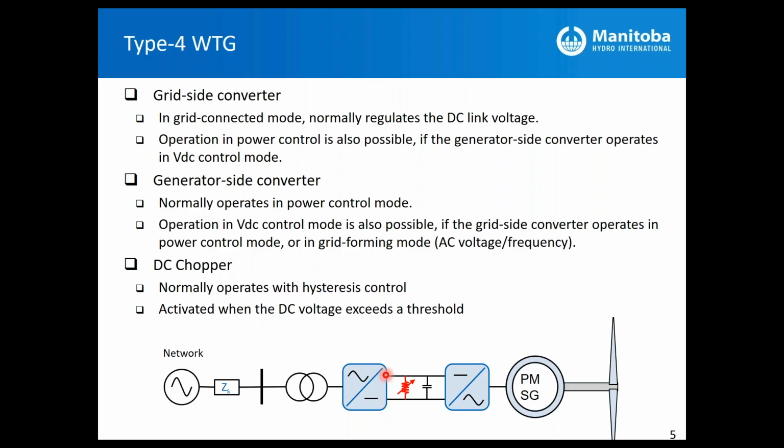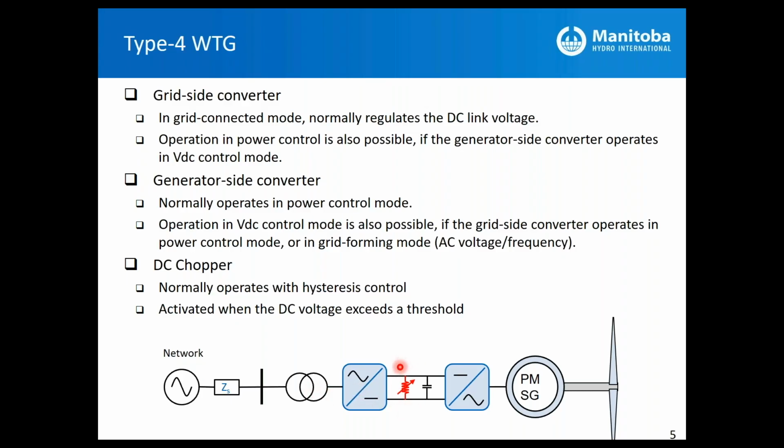So you basically, on the grid side converter, have DC voltage control, and power and AC voltage control on the generator terminals. So if you consider the second option, many vendors use the DC voltage control on the grid side converter.